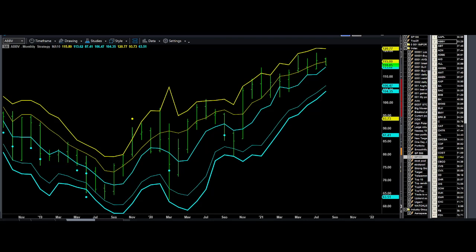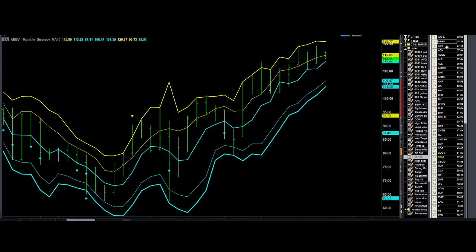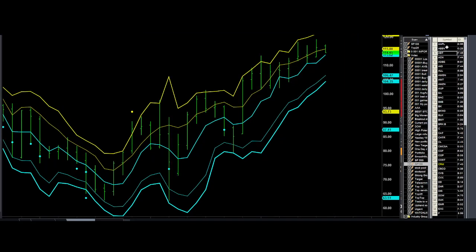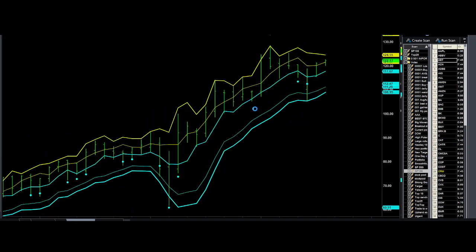So for example, right now I'm doing some screening of different types of stocks. So this is AP 100 related stocks. For example, this is ABT stock, and this is the ABT monthly chart.